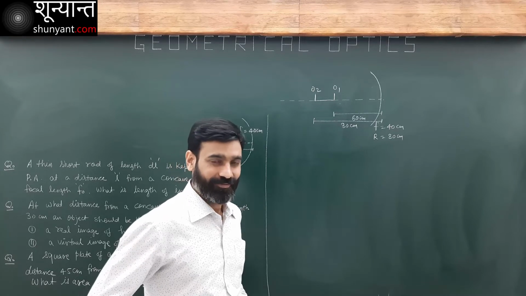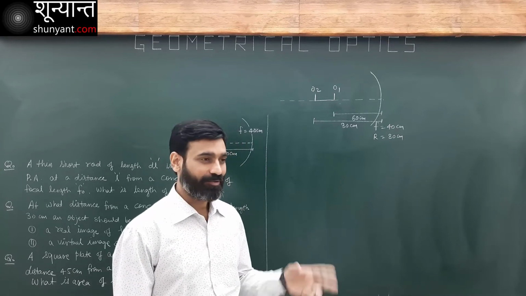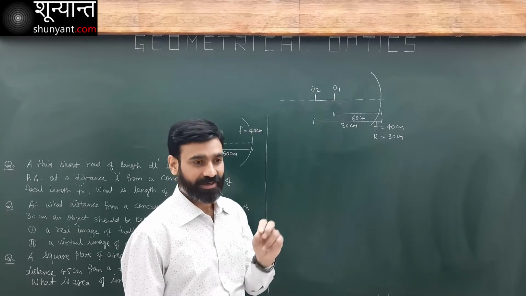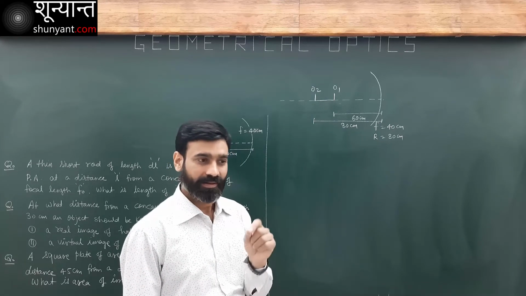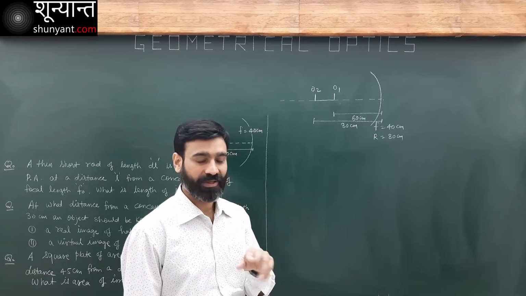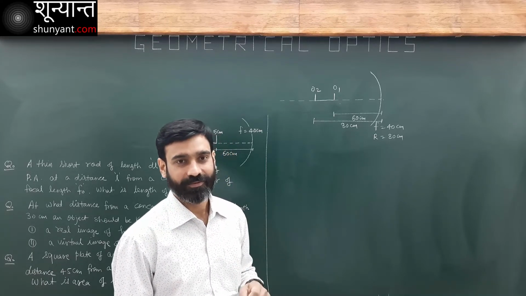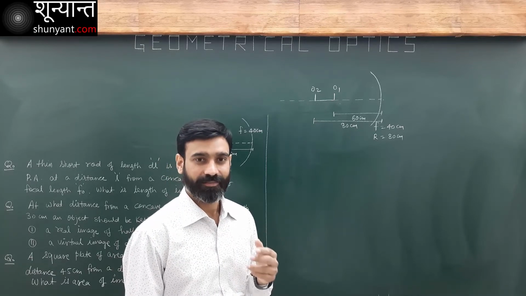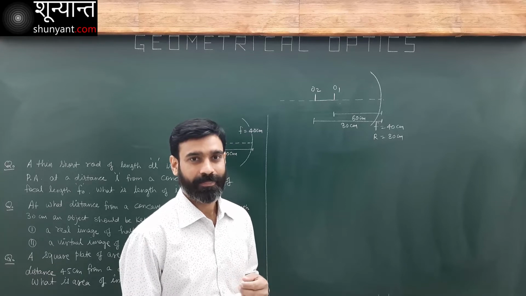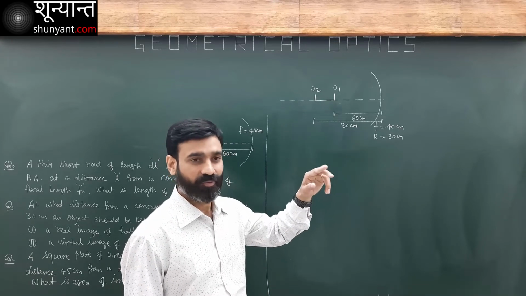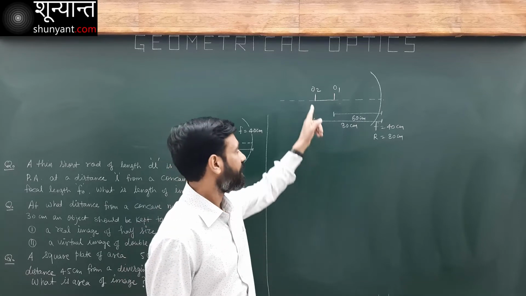Okay, we can now calculate it. But without that also I can answer. I'm going to get an image at the center. Object kept at center, image at center. U and V both are the same. What is the magnitude? 1. Real image, inverted. Magnification is -1. So I get an inverted image of the same size at the same place.